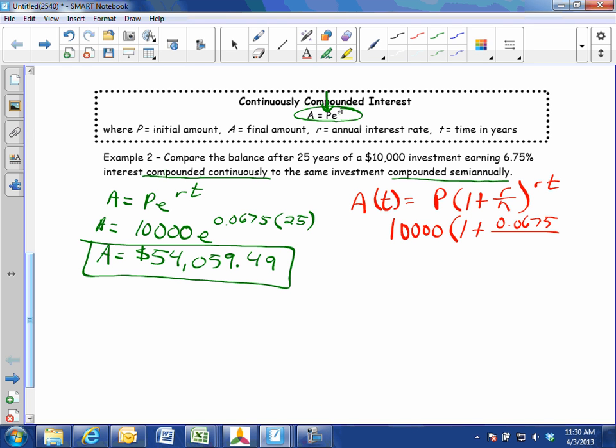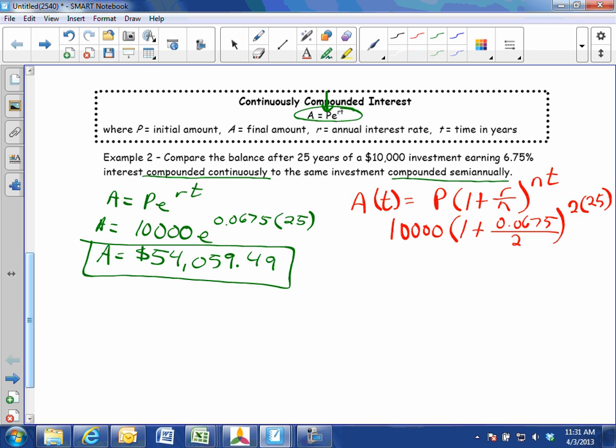Compounded semi-annually means twice, so 2 times a year. Oops, I forgot this is not N times time. Sorry. So N would be 2 times 25.